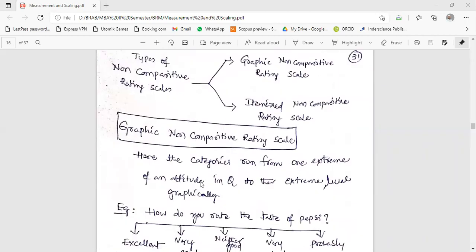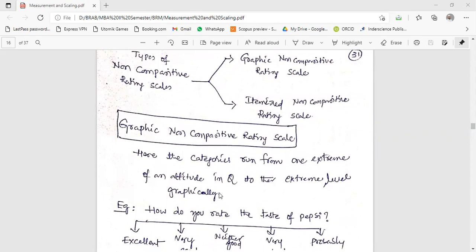It means here the categories run graphically from one extreme of attitude in a question to the other extreme. Suppose extremely dissatisfied, then satisfied, then cannot say, then extremely satisfied. So like this, from one extreme end to another extreme end, it will follow.